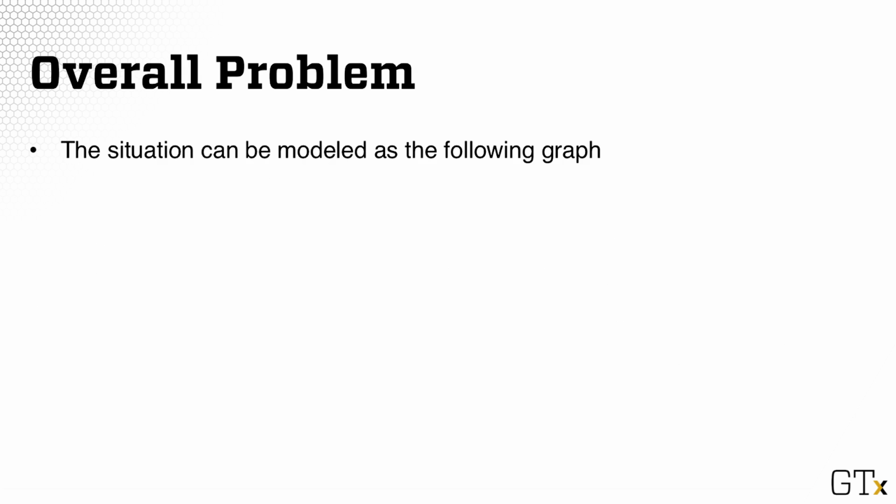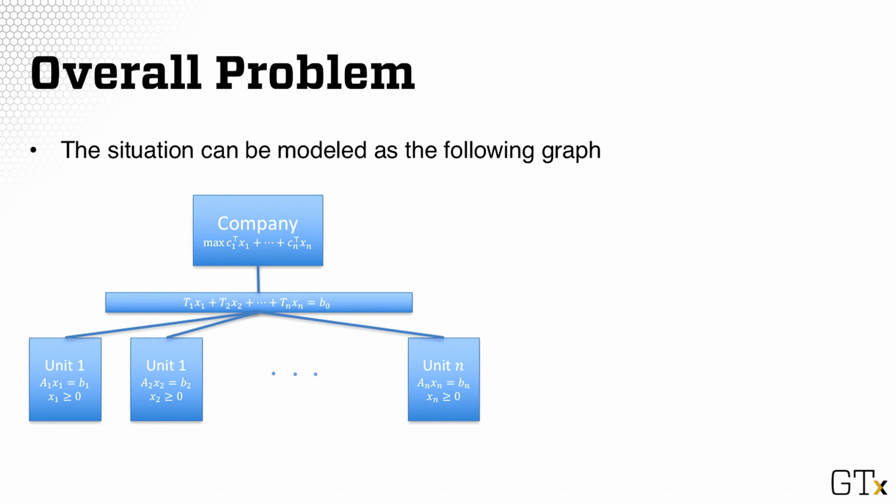This overall problem can be modeled in the following picture. We have a holding company that has its overall objective of maximizing a certain function, for example profit or sales, whatever function the company puts as its maximization objective. And it has n subunits here.